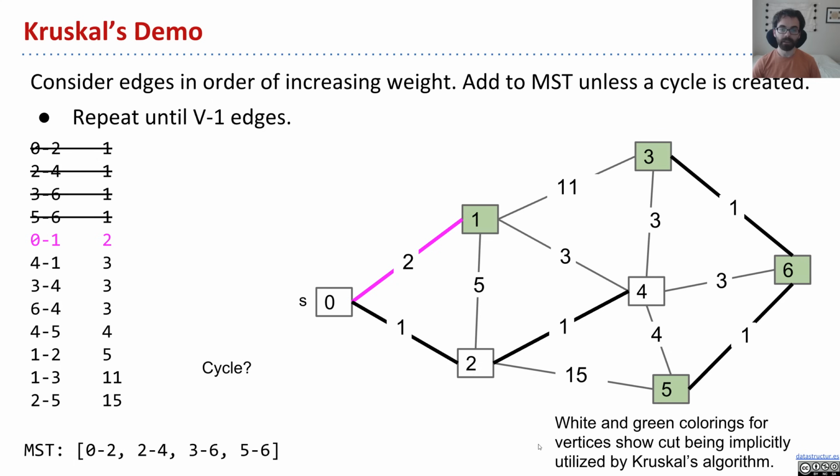Now you'll note I'm not highlighting all of these lines in purple because the way that Kruskal's algorithm is working is it's only thinking about the smallest one. So it's a little clever trick here that we are guaranteed that we're looking at some cut that is useful, all right? So it's a little different than Prim's, where the cut under consideration was very clear. Here it's a little more subtle.